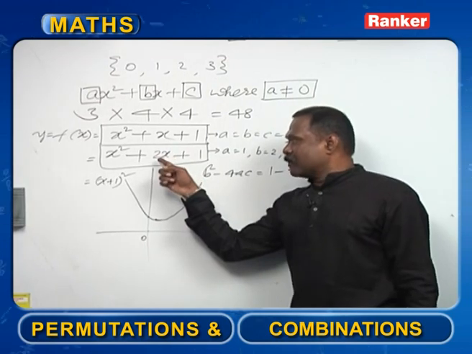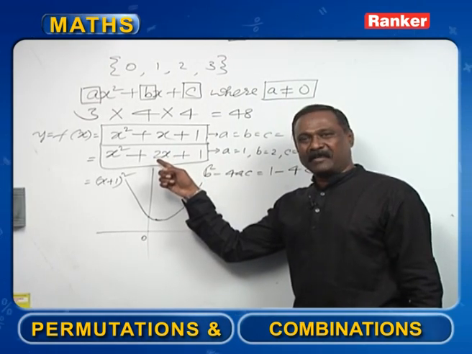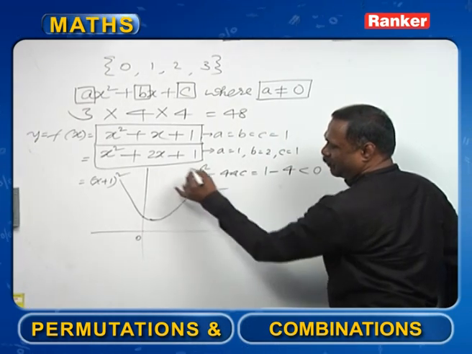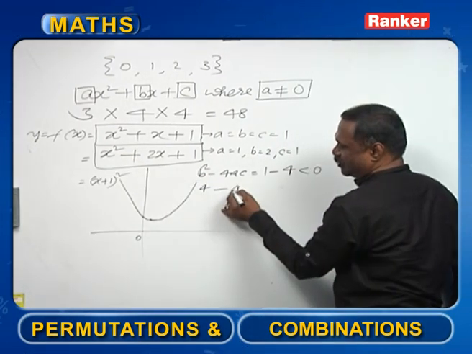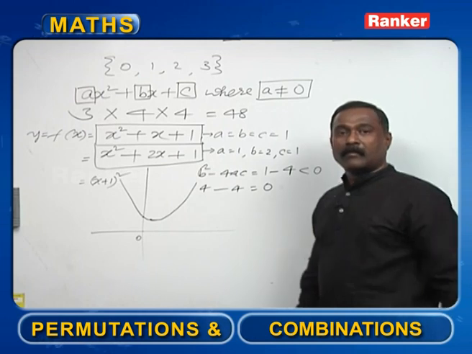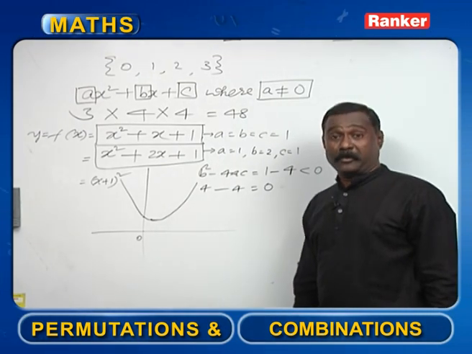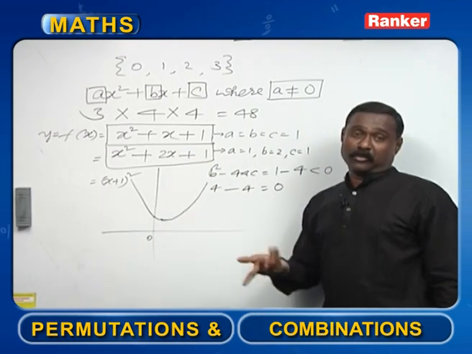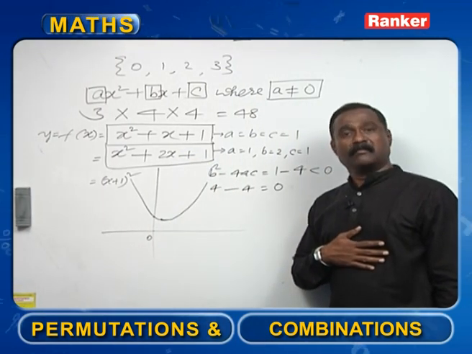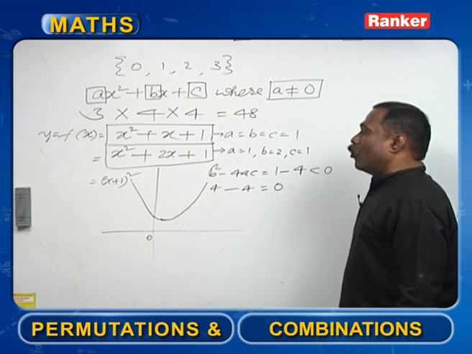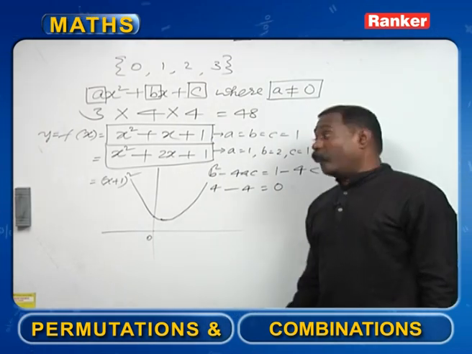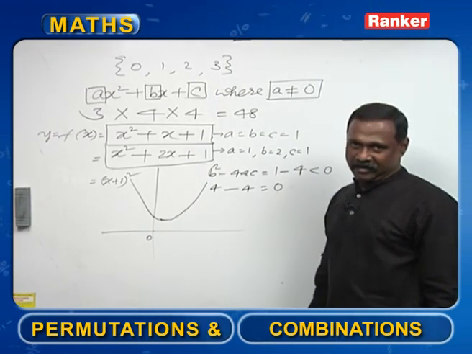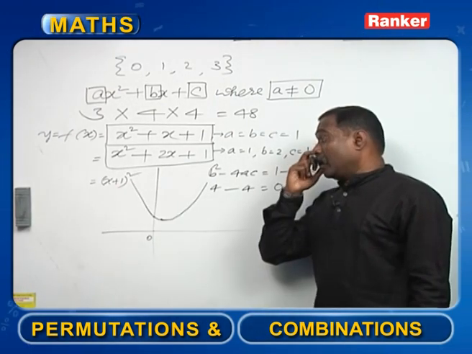If you see the discriminant of it, what is the discriminant? b square minus 4 into 1 into 1, 4 minus 4, 0. That means it will have roots but equal roots. So, where does it touch the x-axis?